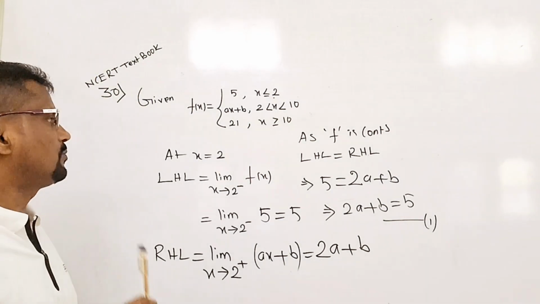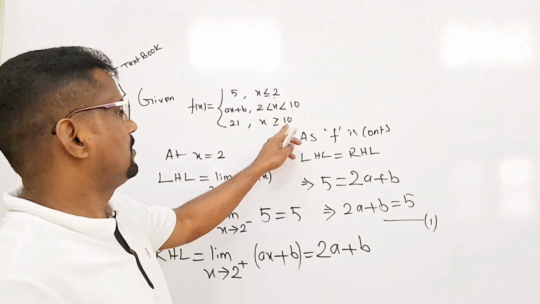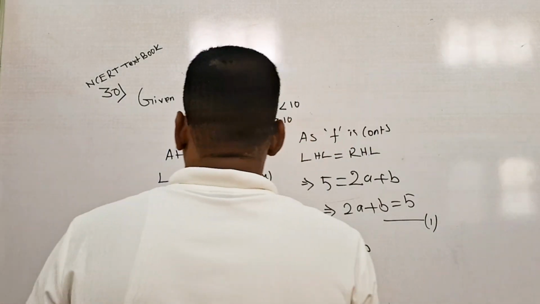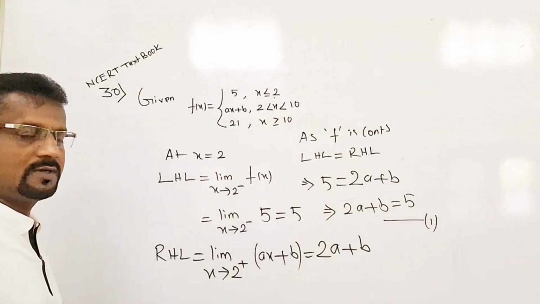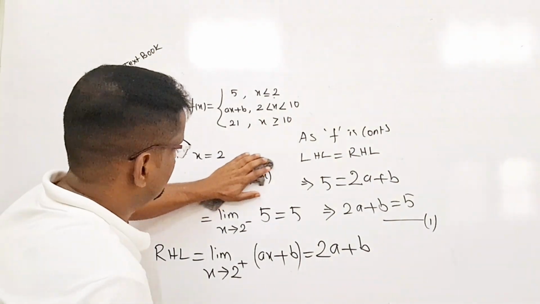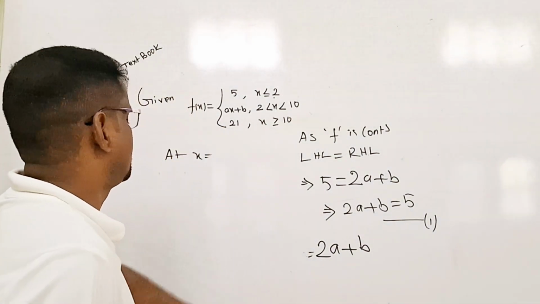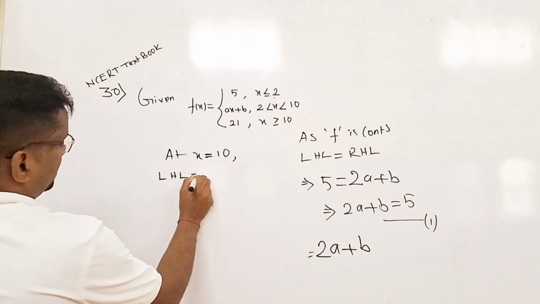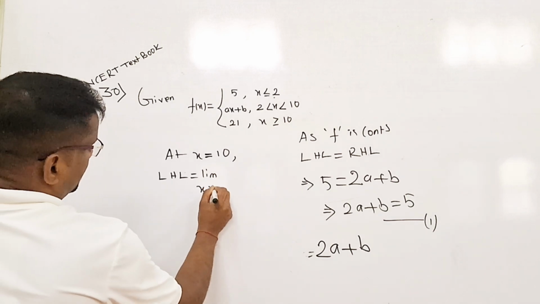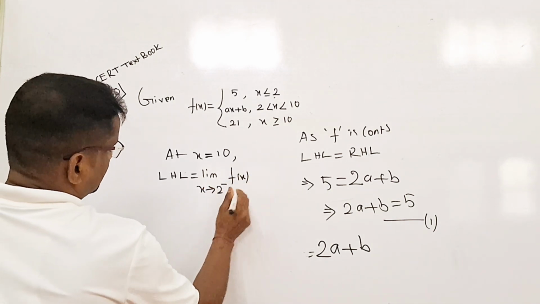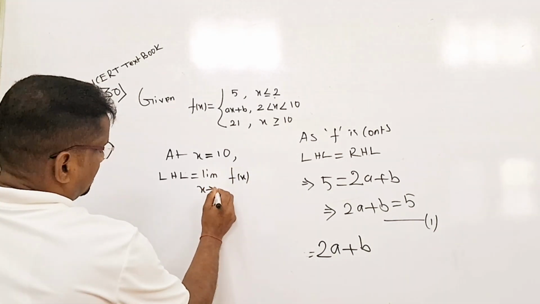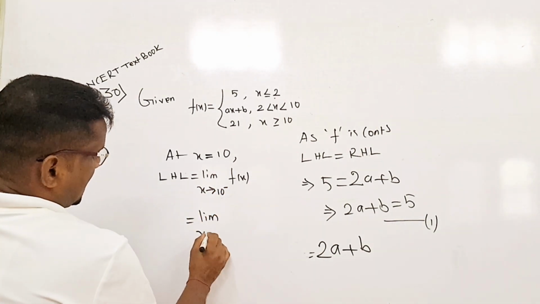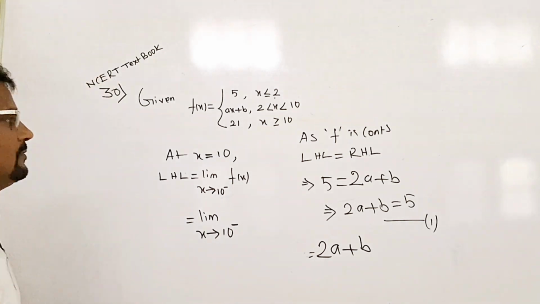Then another point let us consider: the point 10. At the point 10 also the function is continuous. So at x equal to 10, calculate the left hand limit: limit x tends to 10 negative, f of x.